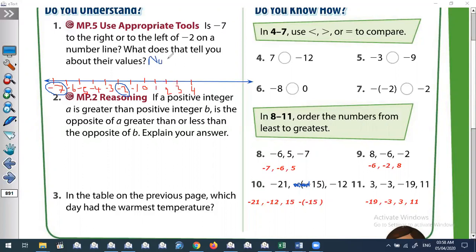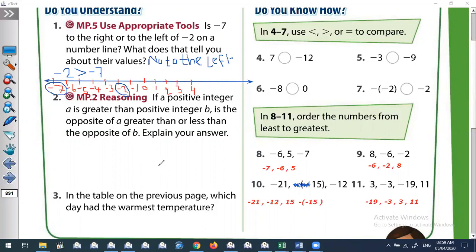Negative 7 is to the left of negative 2. So what does that tell you? That tells me that negative 7 is smaller than negative 2, or negative 2 is greater than negative 7. They are the same. That is the meaning.